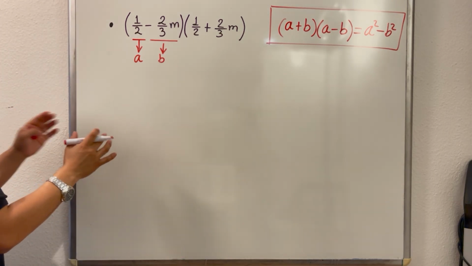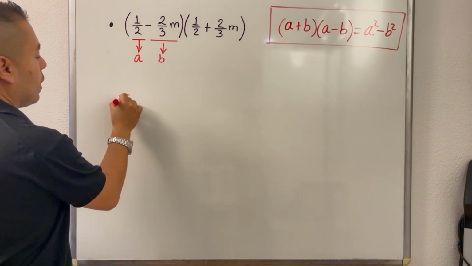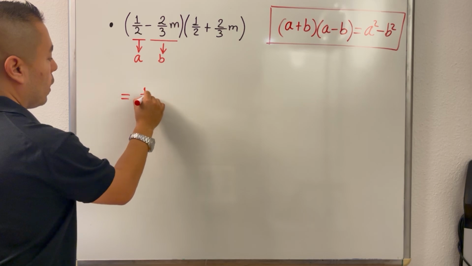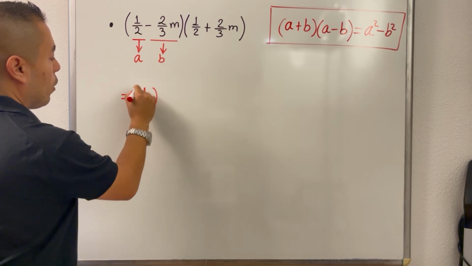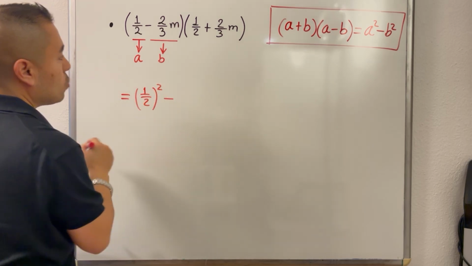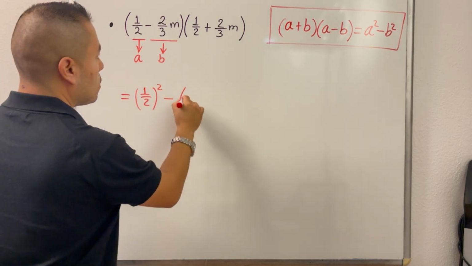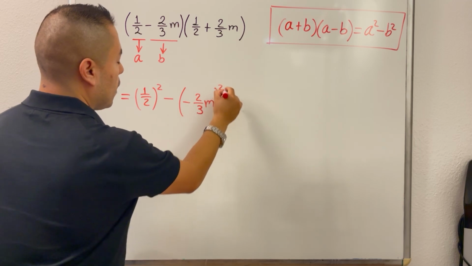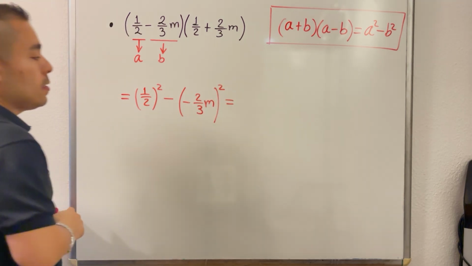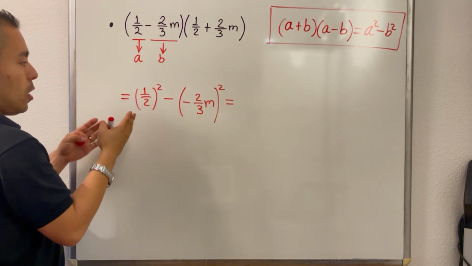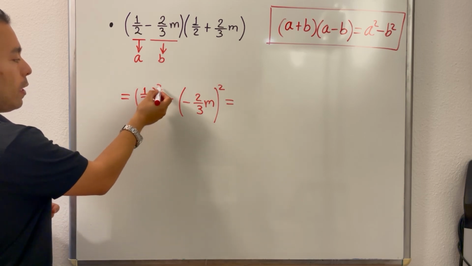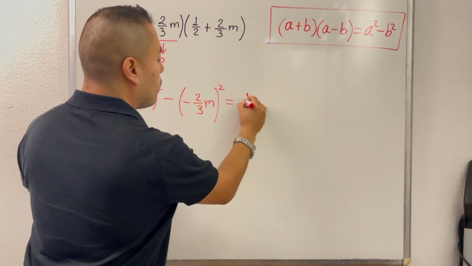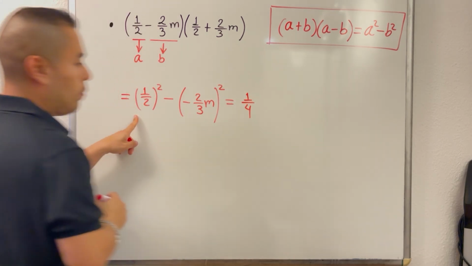This expression will be solved immediately by saying that this is equal to A squared, 1/2 squared, minus B squared, and B is 2/3 m squared. If we apply the law of exponents here, we have that the square will apply to the numerator and also to the denominator here. This is 1 divided by 4.